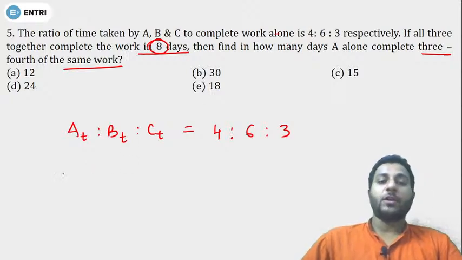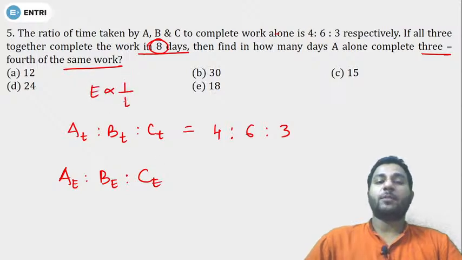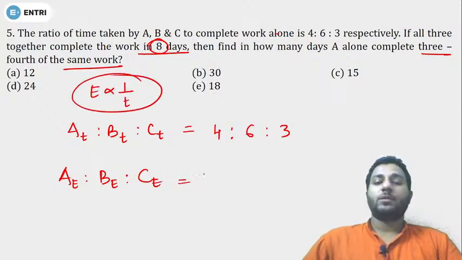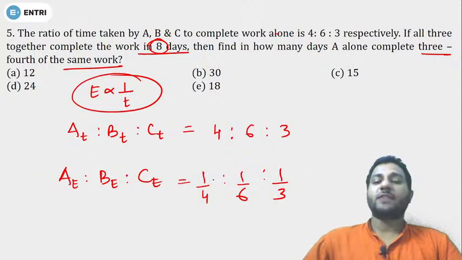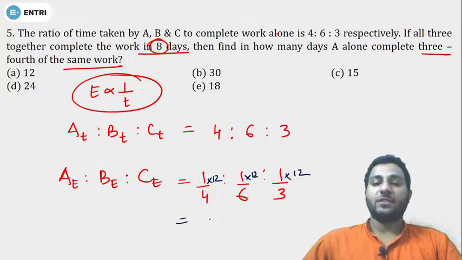So first of all we should convert it into the efficiency, and as you all know that efficiency is inversely proportional to its time, which means 1 by 4, 1 by 6, 1 by 3. Now as you all know that the LCM of 4, 6 and 3 will be 12. So let's multiply all the data with 12 to get the clear efficiency. 3, 2 and 4.